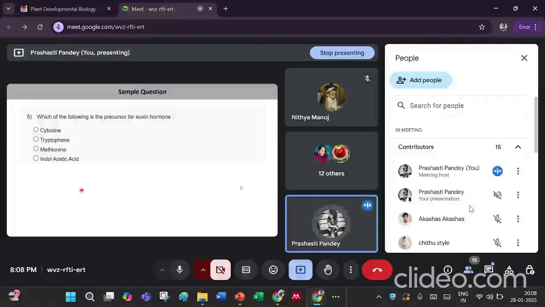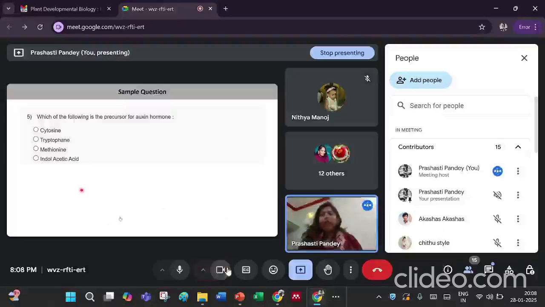When we say something is a precursor, it is the first thing in the reaction, and then our final product was formed. There are multiple pathways which have a precursor and lead to reactions forming any kind of hormone. So in case of auxin hormone, the precursor is tryptophan.